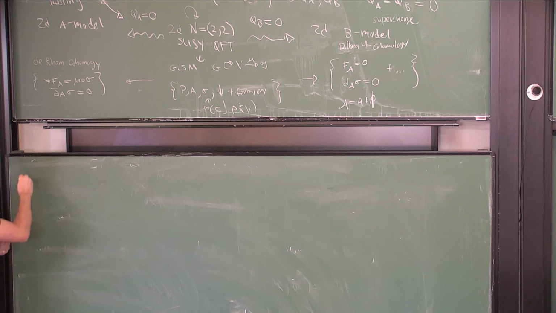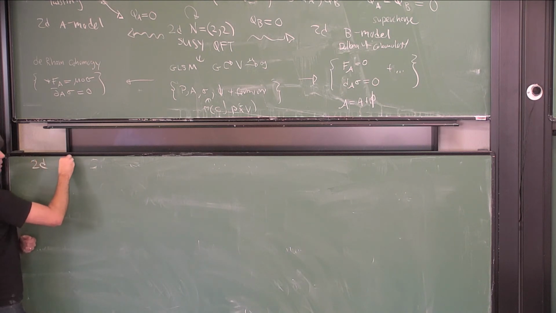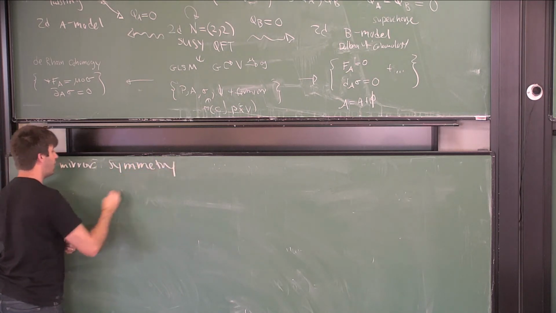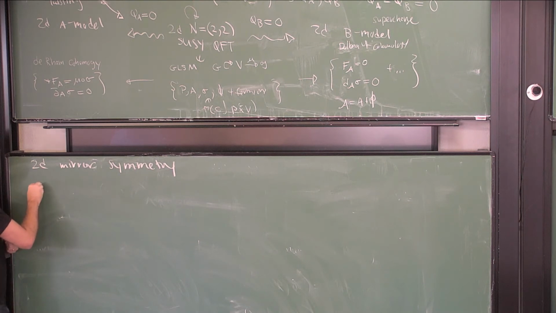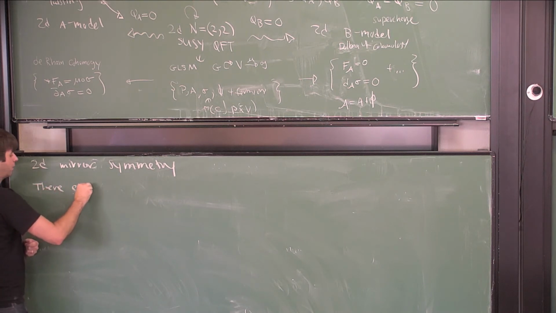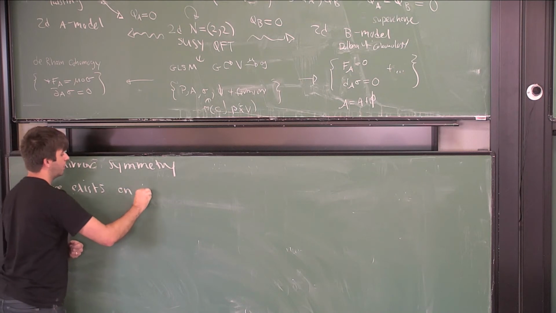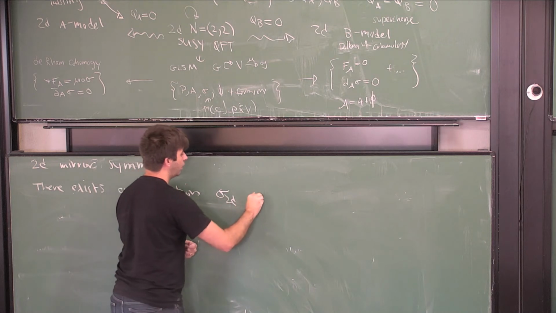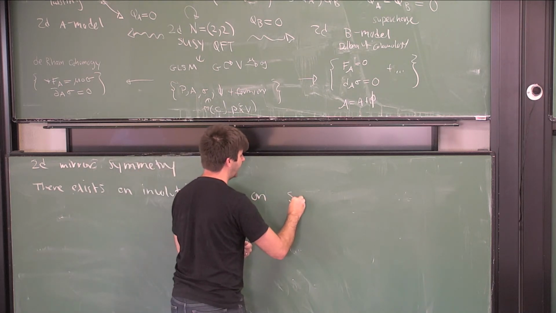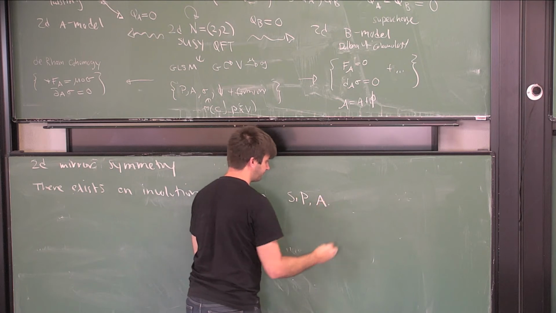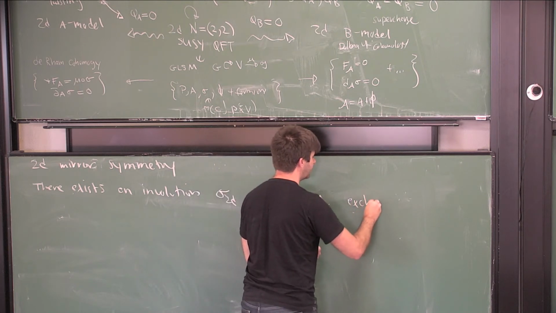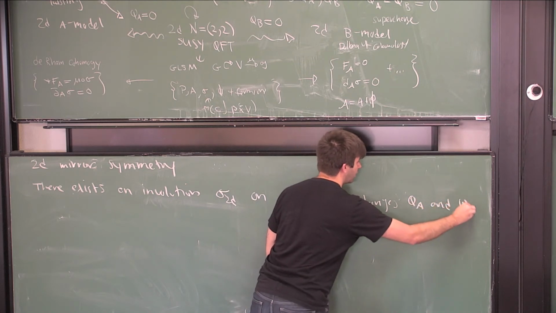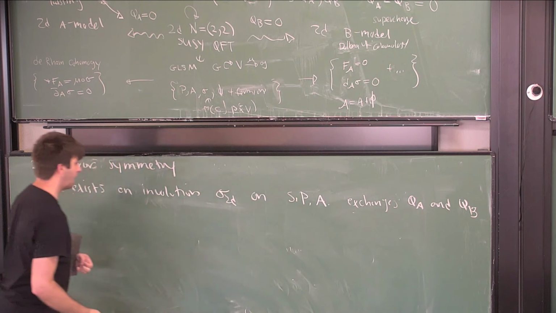So the 2D mirror symmetry, which is the one that people normally call mirror symmetry, is basically the following statement. The first is that there exists an involution, which I'll call sigma 2D, on the supersymmetry algebra that exchanges Q_A and Q_B.